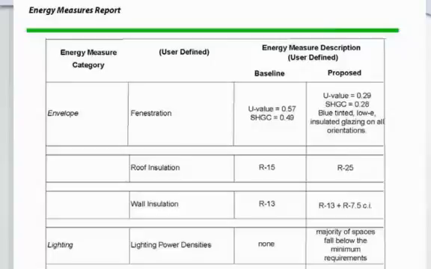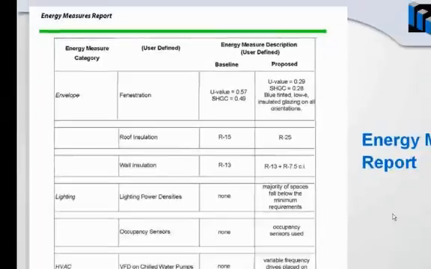So anytime there's something that's either not a default or something where the insulation exceeds code minimum, then you would specify it on this report. So for instance, the roof insulation, if the baseline was R15 and you had a proposed value of R25, then you would document it on this report so that that could be easily viewed without having to look at the details of the energy model inputs.